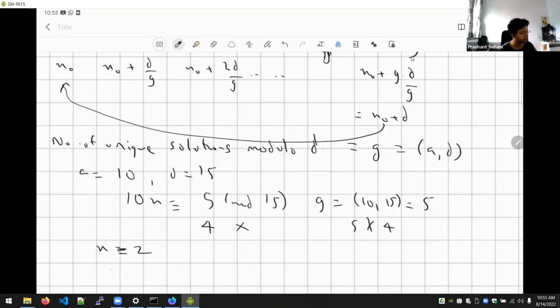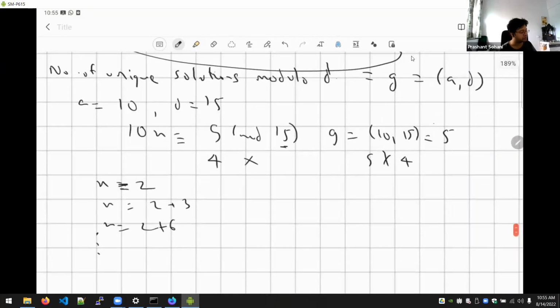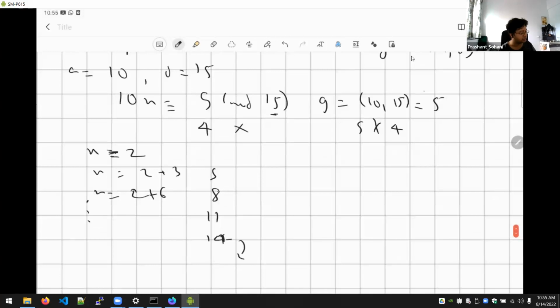From this point onwards, you can keep adding d upon g, so 15 upon 5. If I keep adding, 2 plus 3, 2 plus 6, etc., I'll get 5 such discrete solutions: 2, 5, 8, 11, and 14. These are all the solutions I'll get for x. The next solution after that is 17, but 17 is the same as 2 modulo 15, so it's not really considered a new solution.